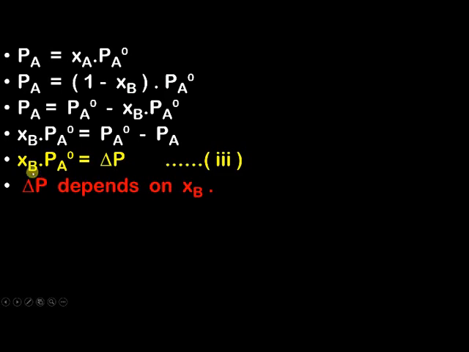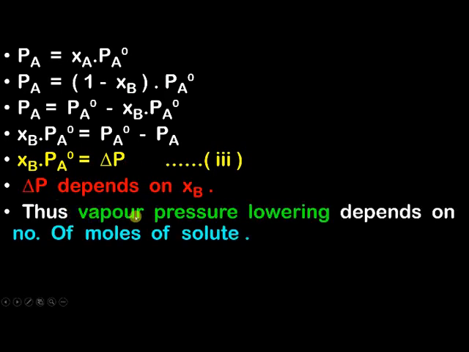So guys, in other words, vapor pressure lowering depends on XB, and XB depends on the number of moles of B, and B is nothing but the solute. So can I say guys that the vapor pressure lowering depends on the number of moles of solute? Okay, why? Because XB depends on the number of moles of B, and B is nothing but our solute.